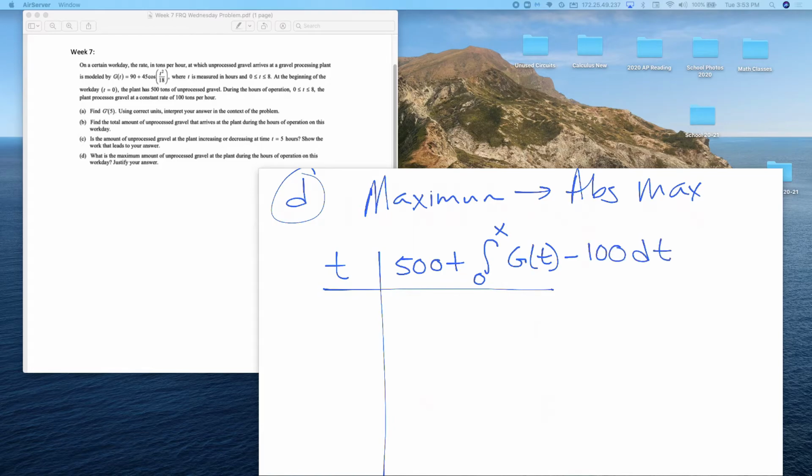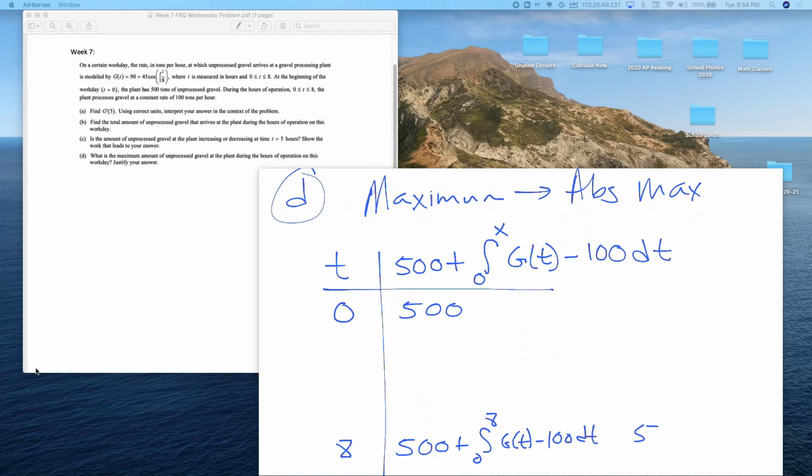That's our equation, rate in minus rate out, the integral of the rate in minus the rate out. Now we can do all of this work. One of the things that we know is at 0, we have 500. That's what it started with. At 8, we could do this integral, 500 plus the integral from 0 to 8 of G of T minus 100 dt, and we could do that right on our calculator.